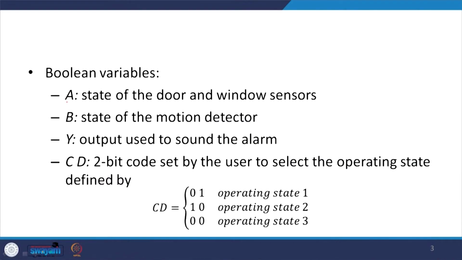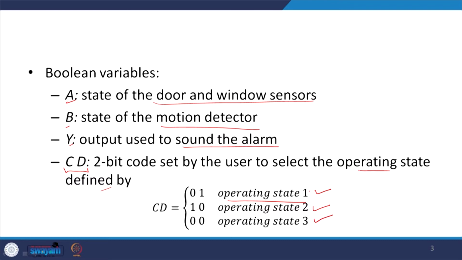So, the Boolean variables could be: say I define A, the state of the door and window sensors; B, the state of the motion detector; and C, the output used to sound the alarm. And say CD is the 2-bit code set by the user to select the operating state, defined by 01 as operating state 1, 10 as operating state 2, and 00 as operating state 3.